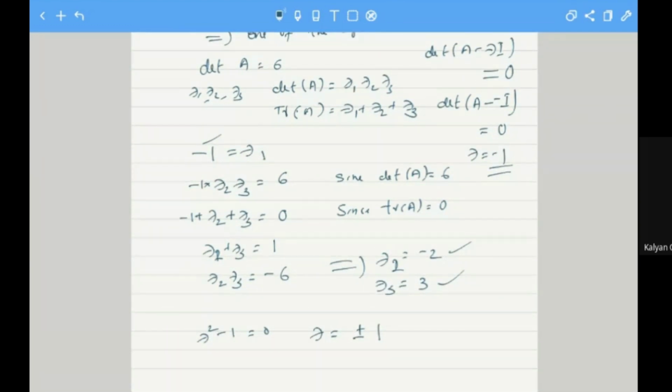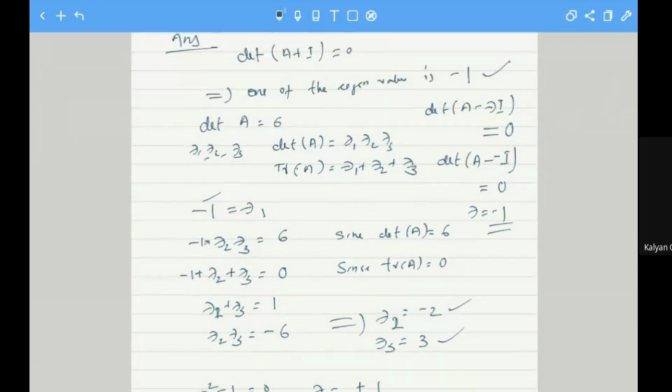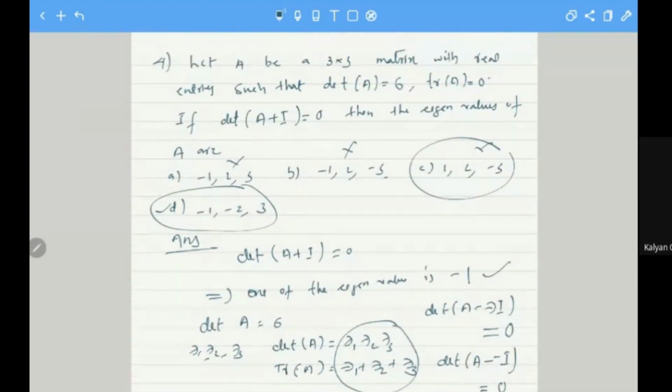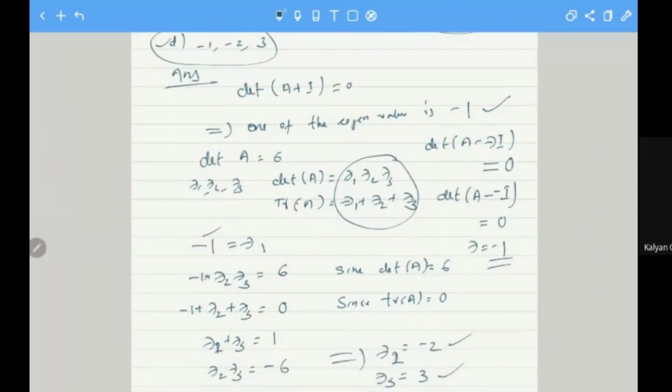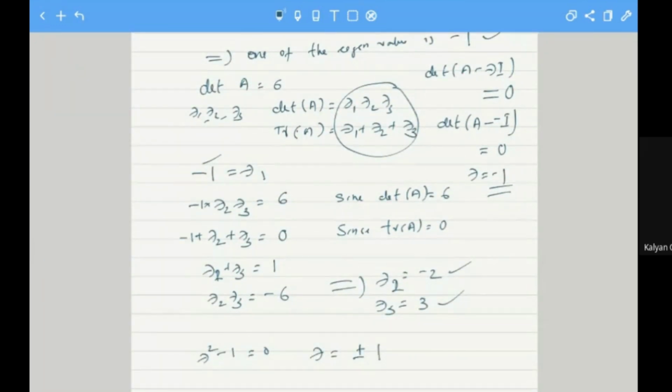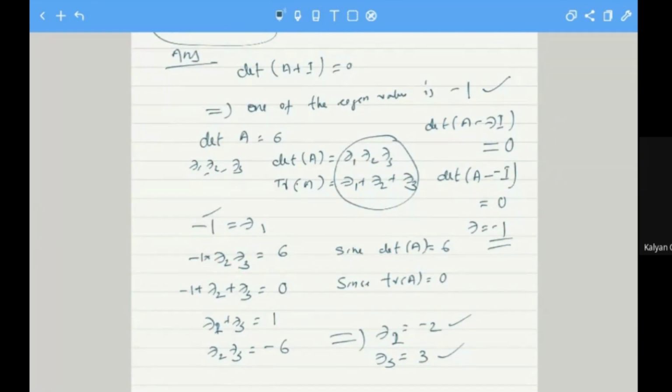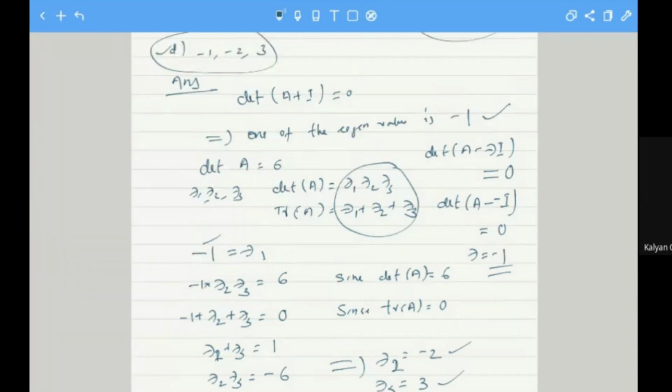If you are given just the product and sum, is it easy to calculate what lambda1, lambda2, lambda3 are? There may be another possibility for this solution, but it's already given that this is 0. That means one of the eigenvalues is -1. Then that eases the calculation of finding the remaining eigenvalues. Okay, sir. Thank you.